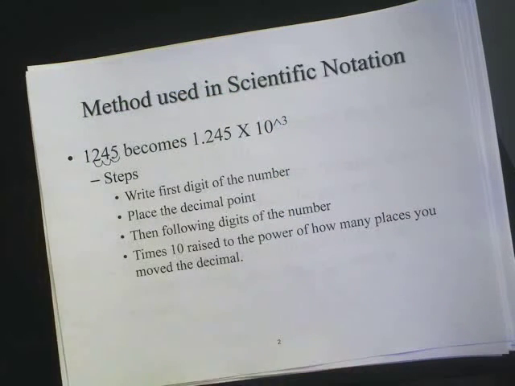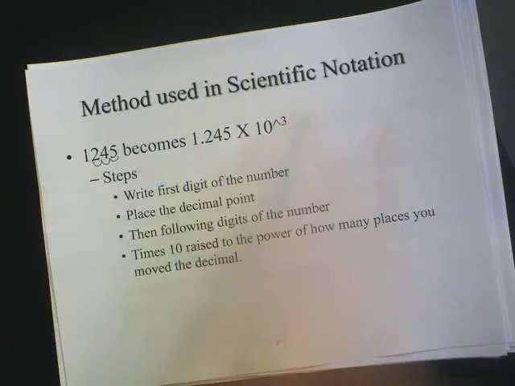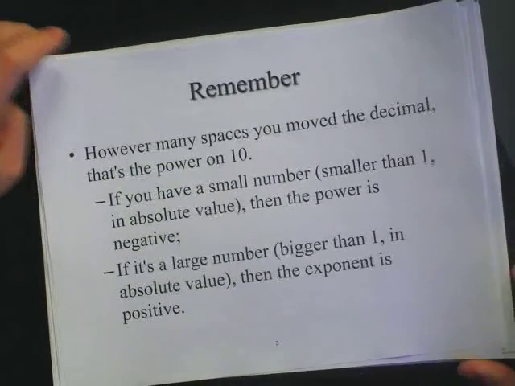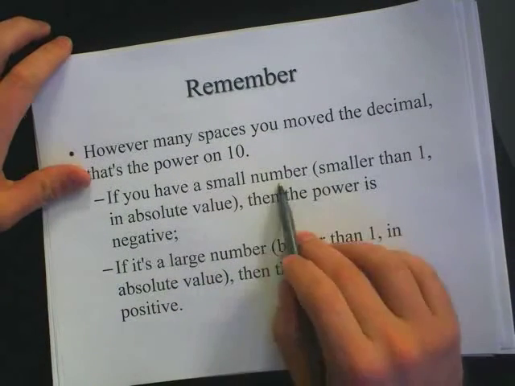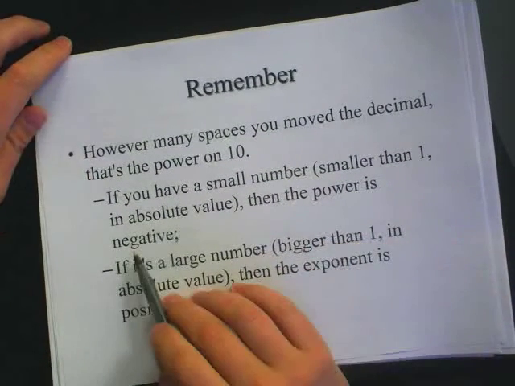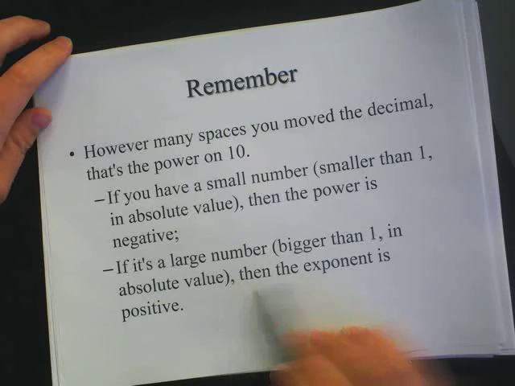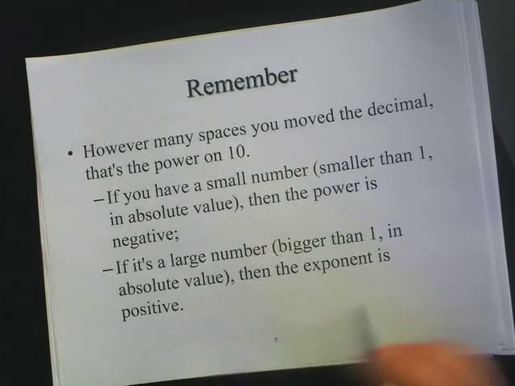Big numbers need positive notation, and small numbers need negative notation. Okay? Small number, then the power is negative. If it's a large number, then the exponent is positive. So remember that. It's pretty straightforward.